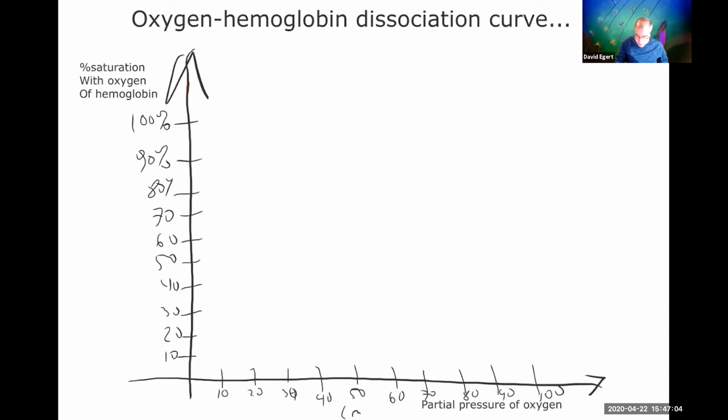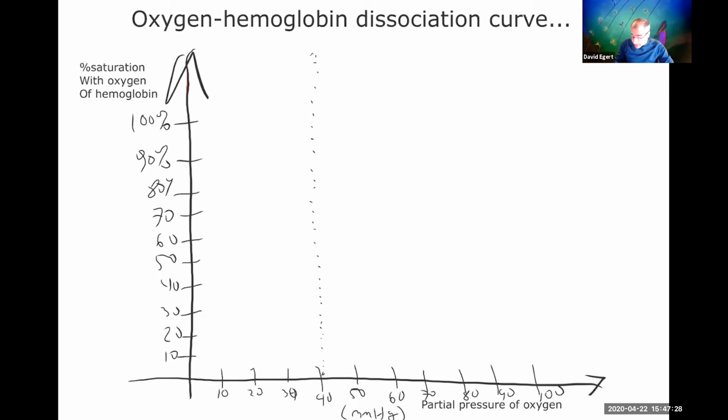Obviously, this is in millimeters of mercury. So 40 millimeters of mercury, that is the typical condition when the blood is leaving the capillary bed.